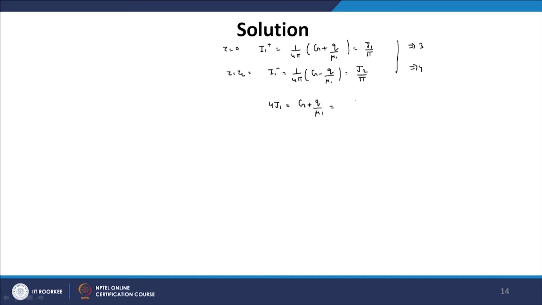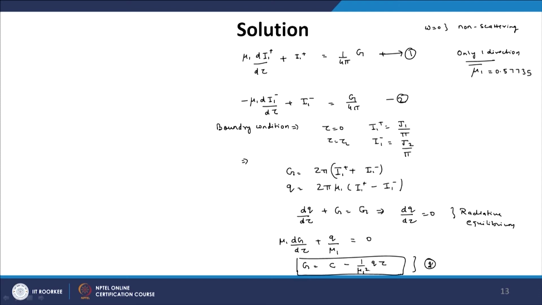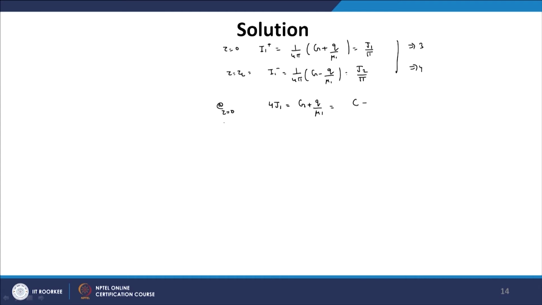At tau is equal to 0, from this equation, g is simply c, g is equal to c. So this will become c plus q upon mu 1. So 4 j 1 is equal to c plus q by mu 1.